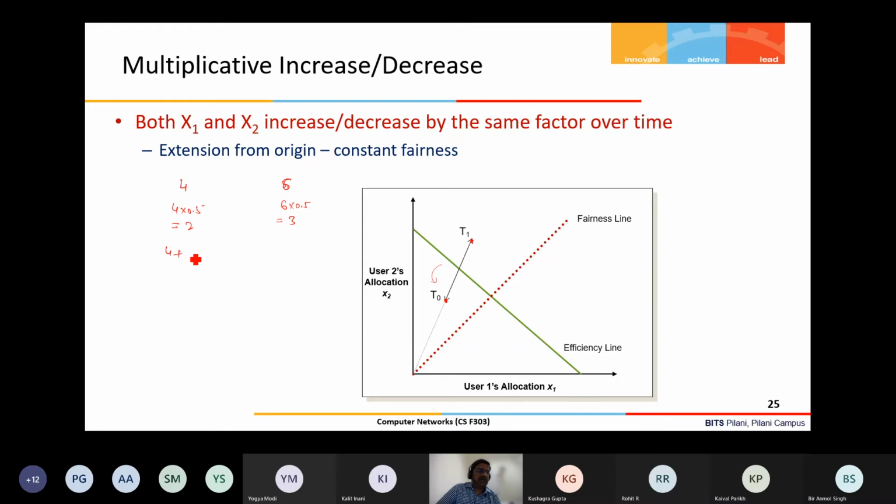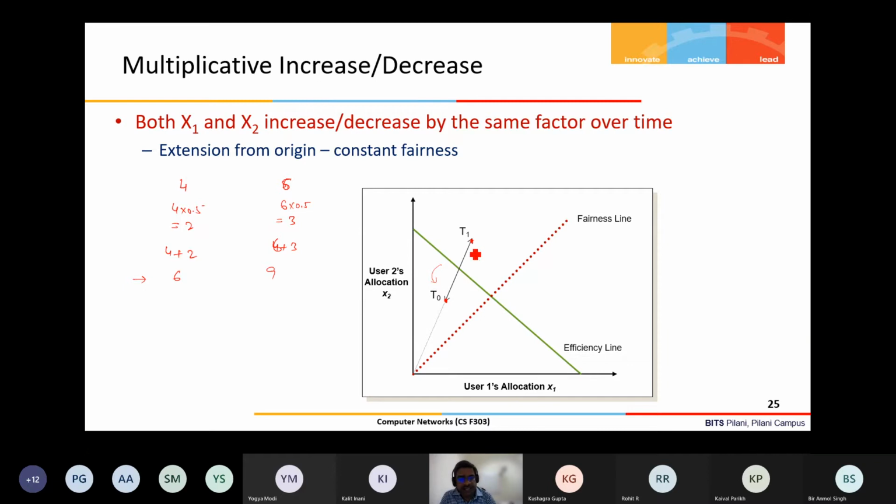So in the next round their values will be 4 plus 2 and 6 plus 3. So this is 6 and this is 9, right? So the fairness will remain constant even here also, right? Multiplicative increase and decrease will not change the fairness. If you increase multiplicatively or decrease multiplicatively, your fairness is going to be constant only.